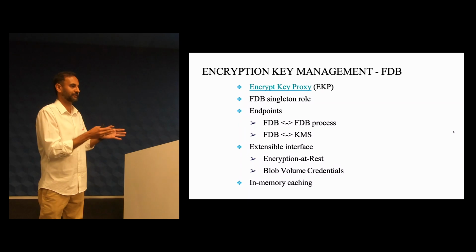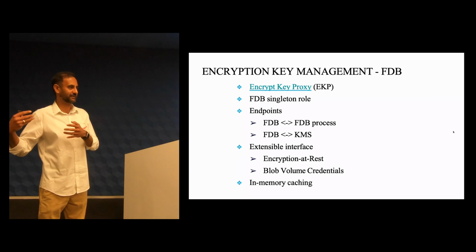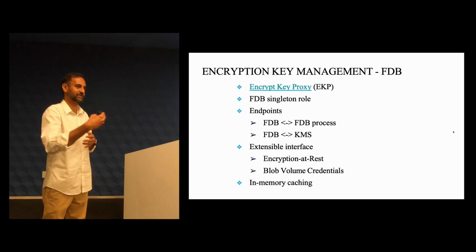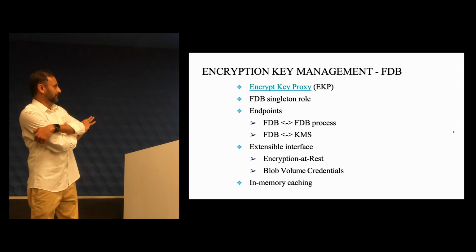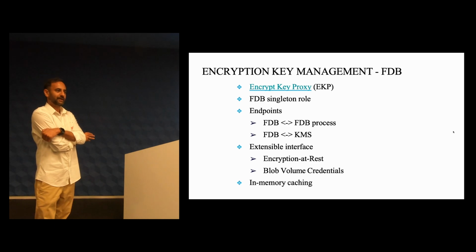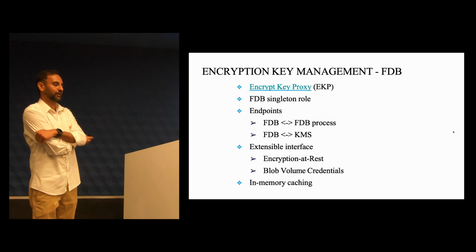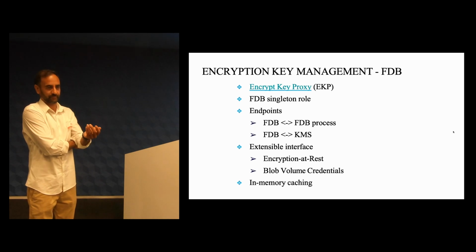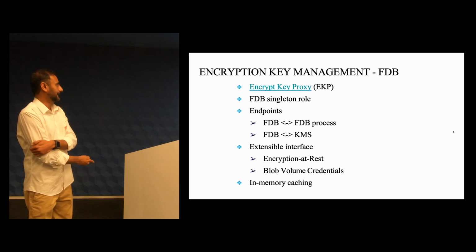The difference is because when you rotate the keys, you want your newer data to be written with the new key, but your old data can still use the rotated keys because they are still valid. This caching is what limits your commit or read latencies. If the data is already present, you need not go out to KMS to get that information. That was the primary reason for building the caching in.